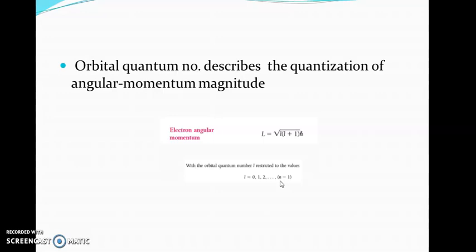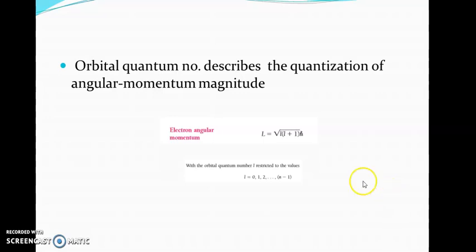So the orbital quantum number describes the quantization of angular momentum magnitude according to the equation capital L is equal to root of L into L plus 1 cross H. And similarly, the principal quantum number describes the quantization of energy of the electron according to the equation En is equal to E1 by n square.